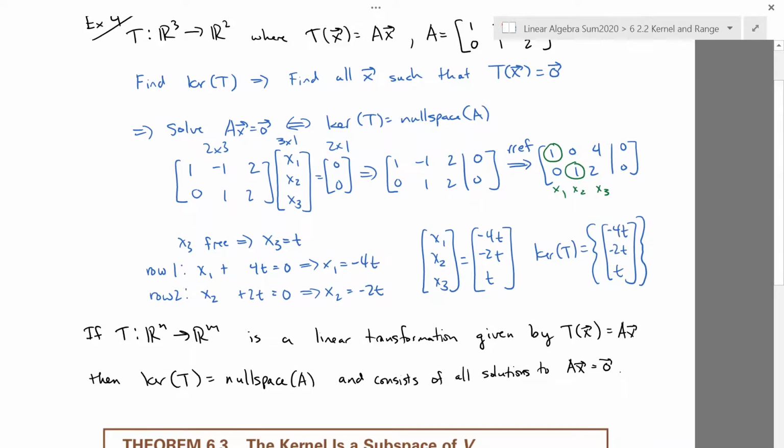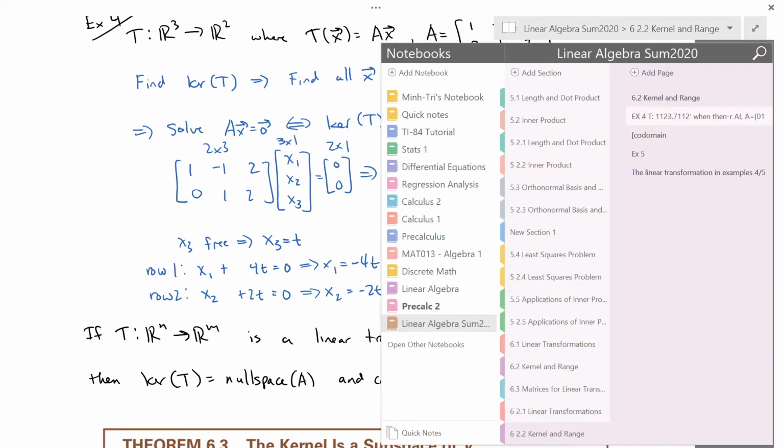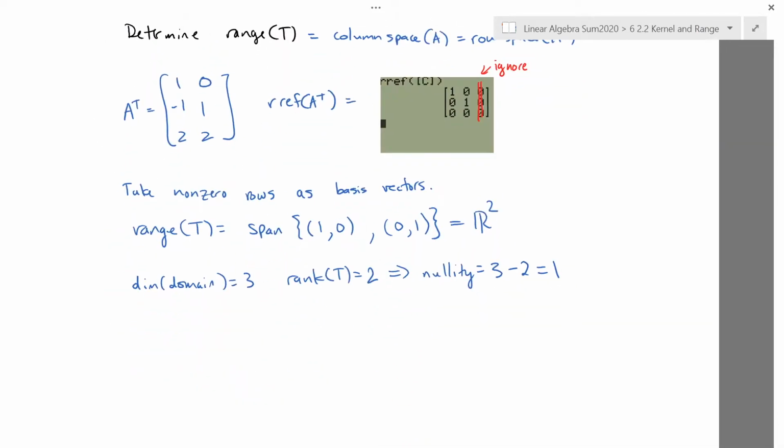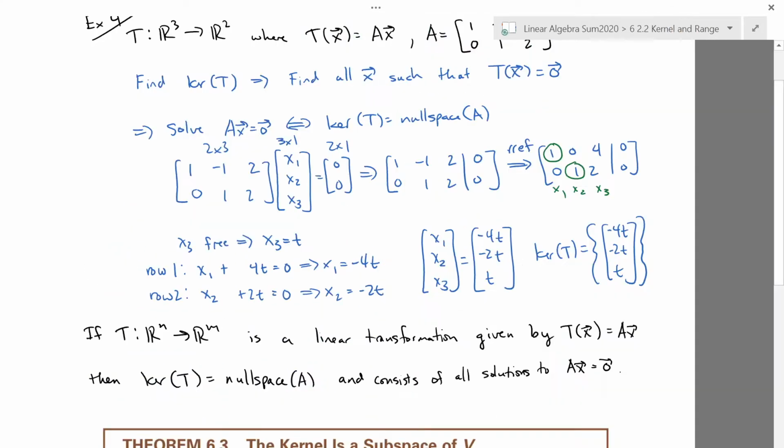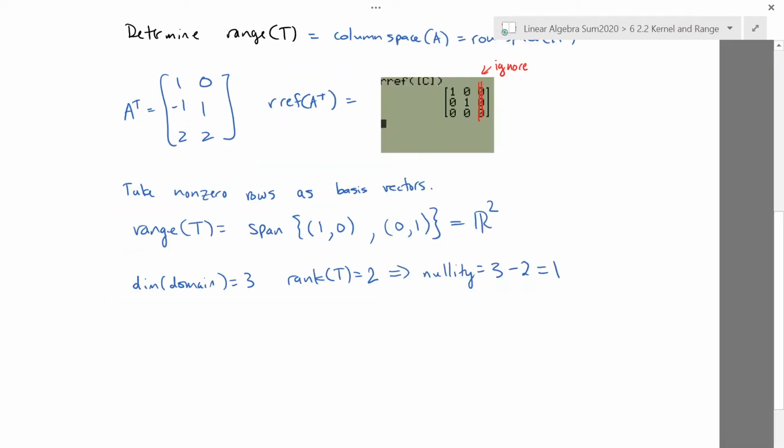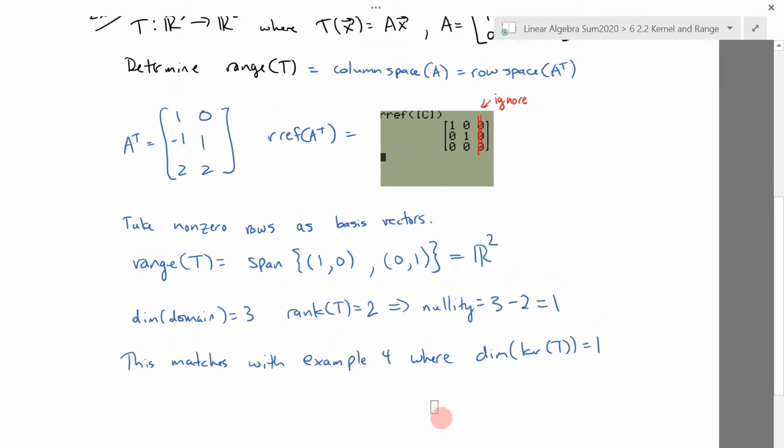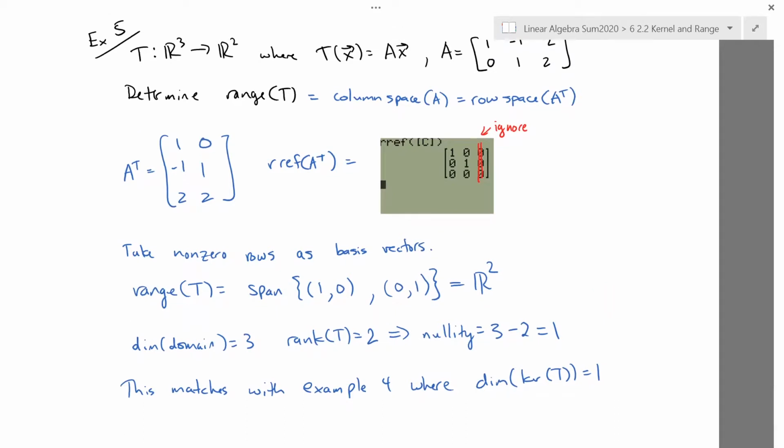There's one free variable. So this agrees with what we calculated previously.